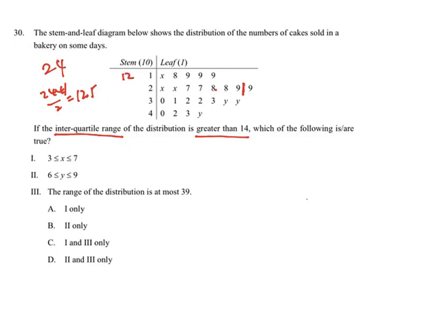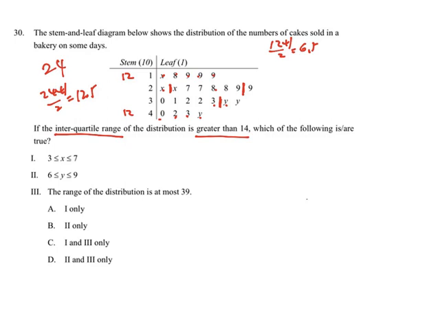And then the upper and lower halves are 12 each. That means 6, 6. 6.5 is between the 6th and 7th. So 1, 2, 3, 4, 5, 6 and 7. So that is the lower quartile. For the upper quartile, 1, 2, 3, 4, 5, 6, 7. So it's here.